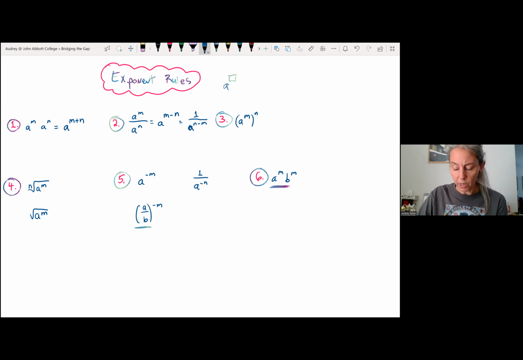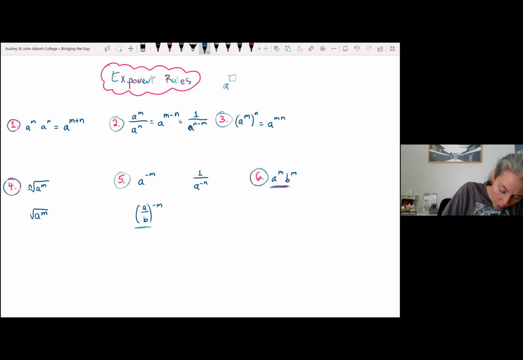So for number 3, a to the m all to the power of n, that m and n gets multiplied together. So we're seeing in number 1 that multiplication, a to the m times a to the n, gets turned into addition. In number 3, a to the m to the power of n, that's exponentiation, gets turned into multiplication. And division gets turned into subtraction, as we see in rule 2.